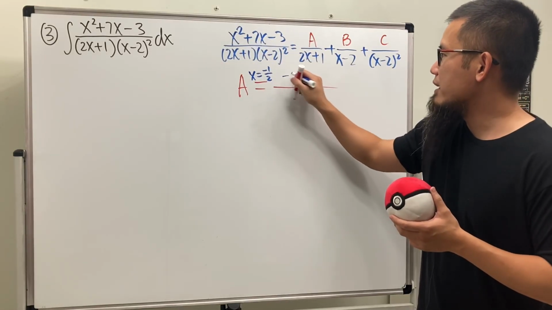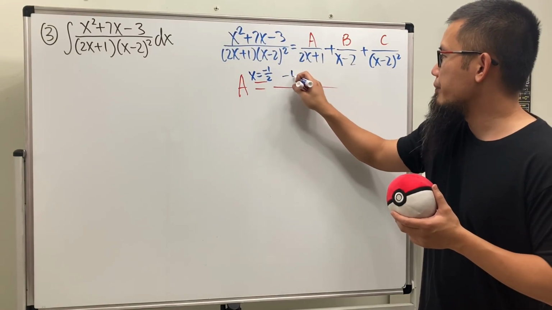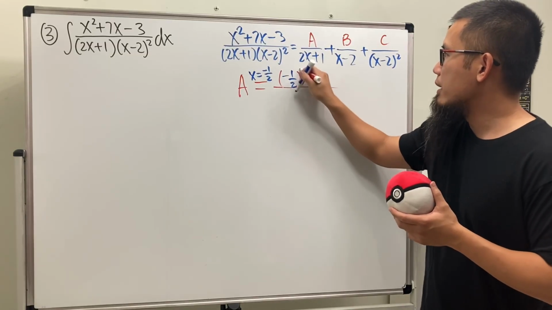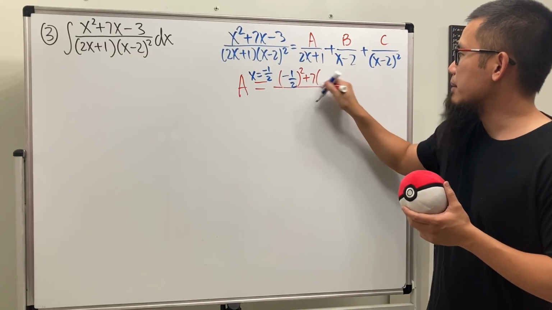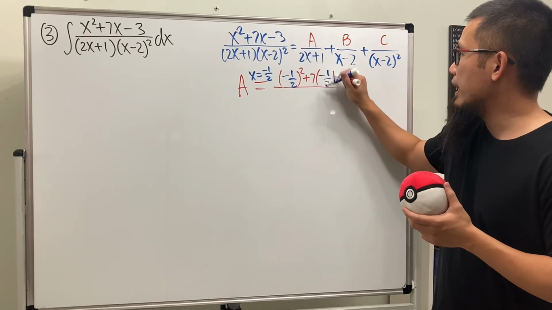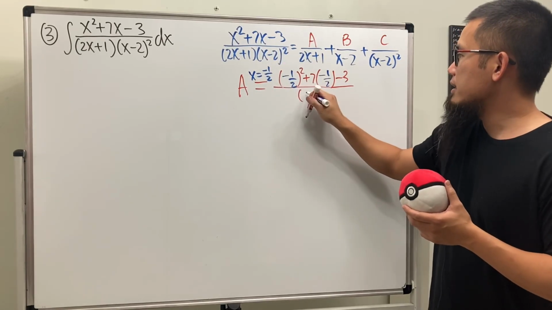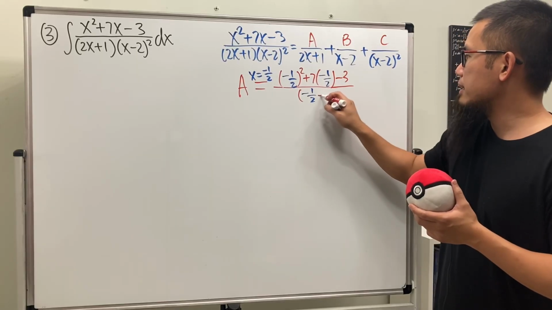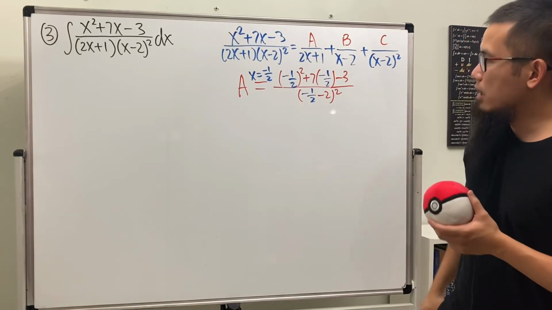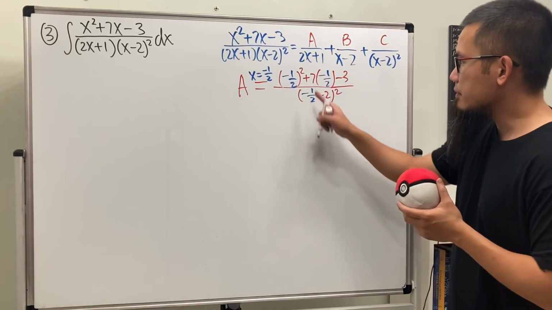Right here we have negative 1 over 2 squared, and then plus 7 times negative 1 over 2, and then minus 3 over, this right here is negative 1 over 2, and then minus 2, and then to the second power. All right, so let's see.